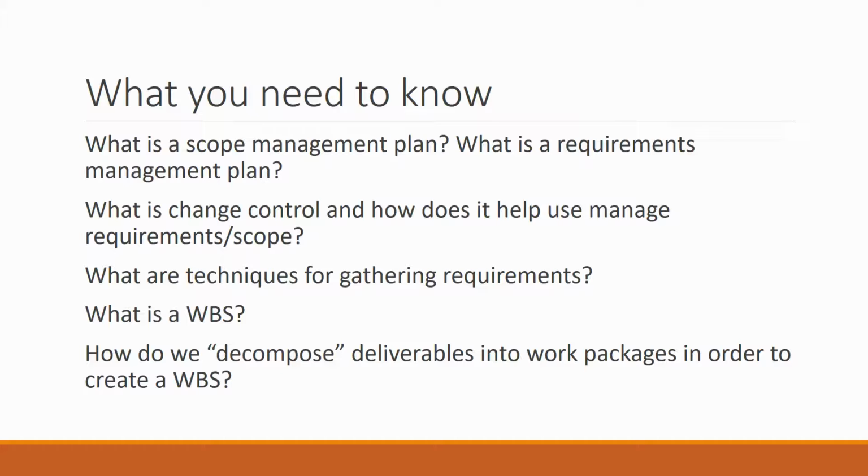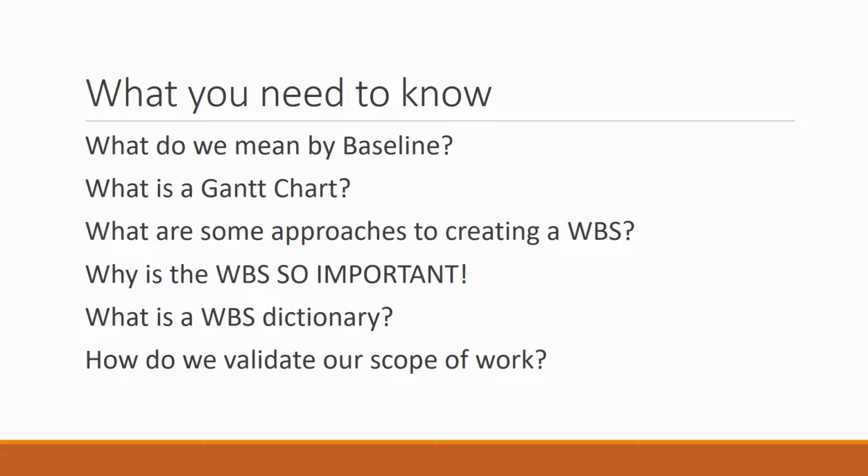So what are some of the techniques for gathering requirements? I went over that. We discussed what is a WBS, and in your text there's some good information about how to decompose deliverables into work packages in order to create a work breakdown structure. Definitely go back and make sure you understand exactly what we mean by a baseline and what is a Gantt chart.